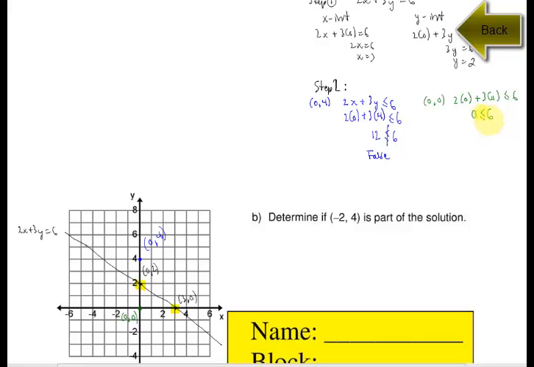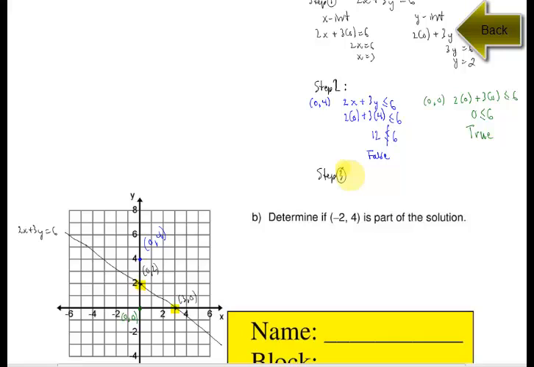Well, 0 is less than 6, so that's true. 0 is not equal to 6, but because part of our inequality is true, the 0 is less than 6 part, we say that this is true. And that means that our region will be shaded below the line.